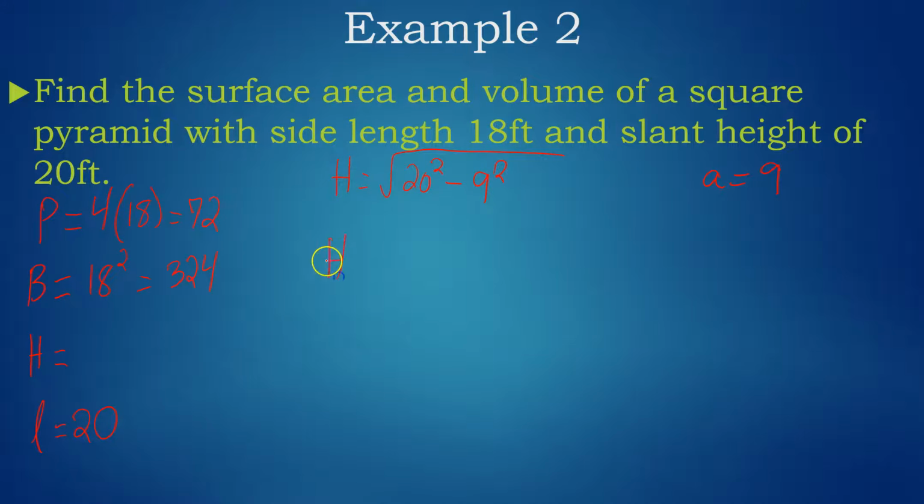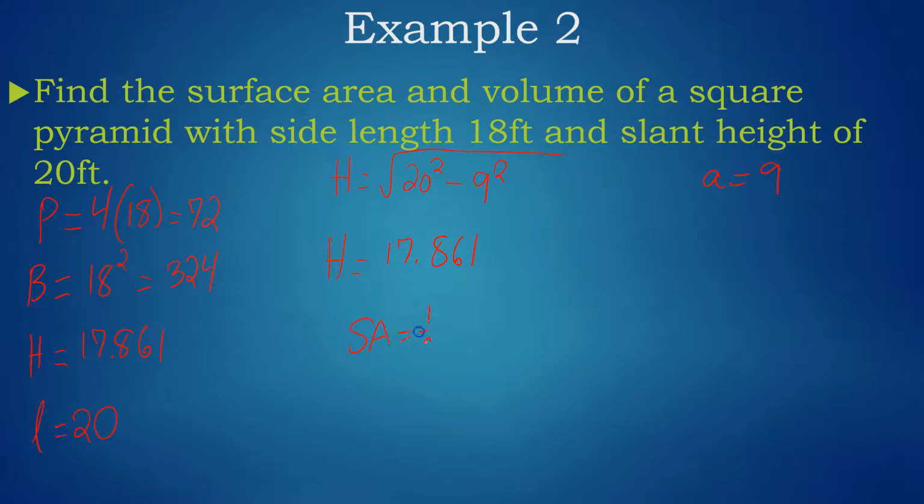H is the square root of 20 squared minus 9 squared, which is a decimal, which is what you want to leave it as for these problems, works out to be 17.861. So now we have everything we need. Again, either perimeter or base for the square pyramids are very straightforward, very simple, very easy to find. You'll be given one of those two, and the other one is a very straightforward Pythagorean theorem extension.